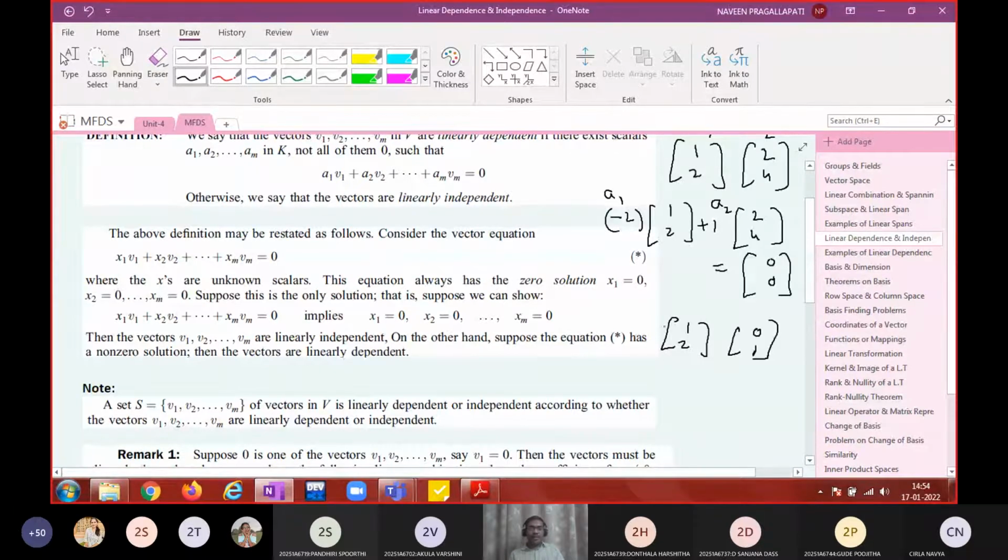A1 times this vector plus A2 times this vector can be 0 only when A1 equals 0 and A2 equals 0. That means both scalars must be 0. Otherwise, it is impossible to make this linear combination 0. That's why I say these two vectors are linearly independent. Is it okay?